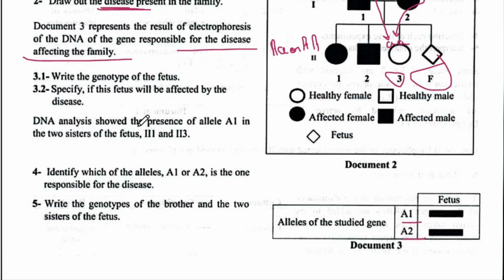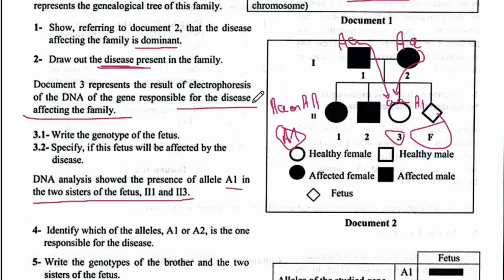The DNA analysis shows the presence of allele A1 in the two sisters of the fetus, 2-1 and 2-3. So 2-1 and 2-3 have A1, and 2-1 is affected, while 2-3 is healthy. So A1 is present in 2-1, which is affected, and in 2-3, which is not affected.